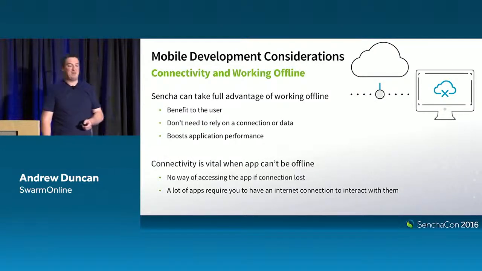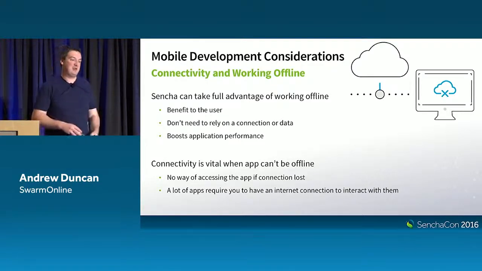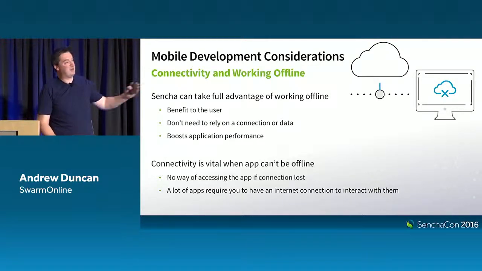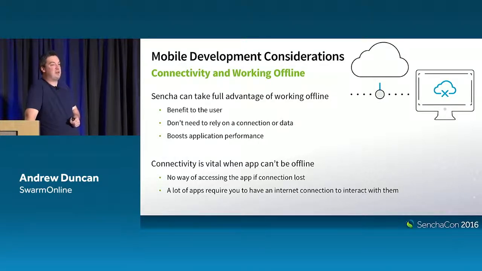So right, this is number 4 and 5 together, because this is getting into the real nitty-gritty of coding. We've gone through getting our requirements and understanding what the user is expecting, and now we're thinking about connectivity and working offline. These are two things that are particularly hard to work with, particularly given that we're not in control of connectivity, sadly.